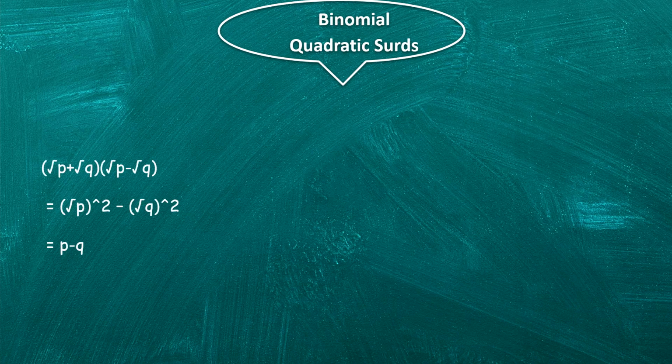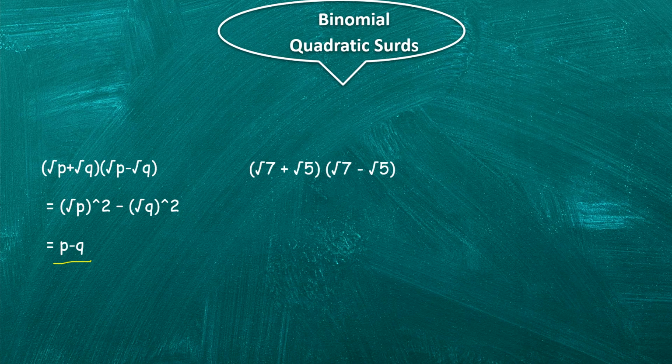Root p plus root q, and root p minus root q. Here it is very similar to our formula. It is that formula only, that is a plus b, a minus b, a square minus b square. At the end you will get a rational number as an answer. We'll understand it with the help of an example.